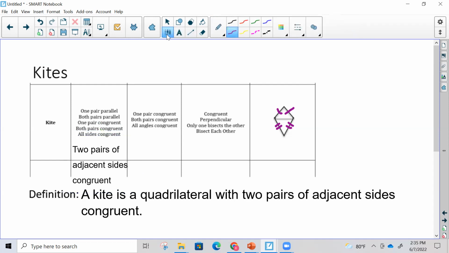For angles, there is 1 pair of opposite angles congruent. It's the angle between the short side and the long side.